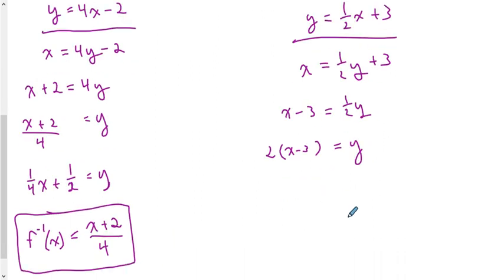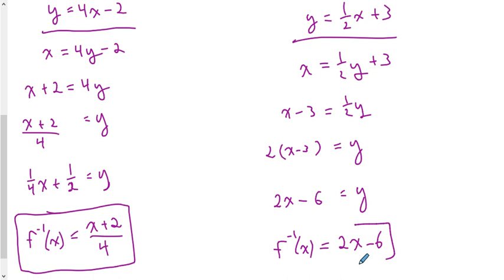And now to simplify, we could multiply through the brackets. So 2 multiplied through the brackets is 2x minus 6. And now let's write it in its inverse notation. So linear, not too bad. That's how we can find the inverse of a function using the equation.